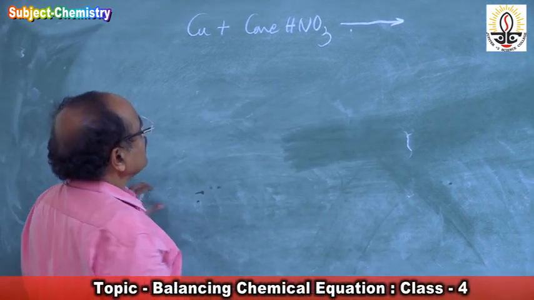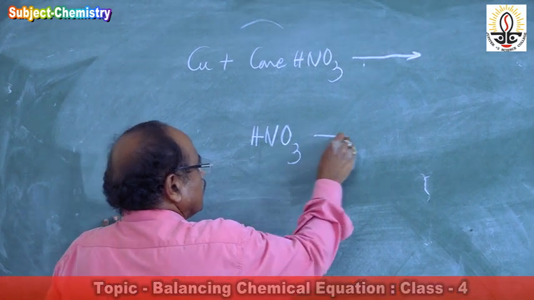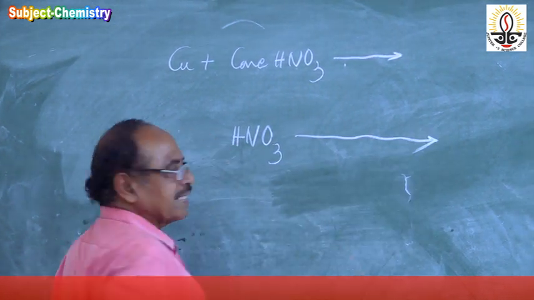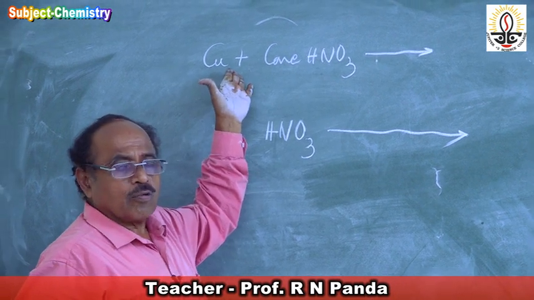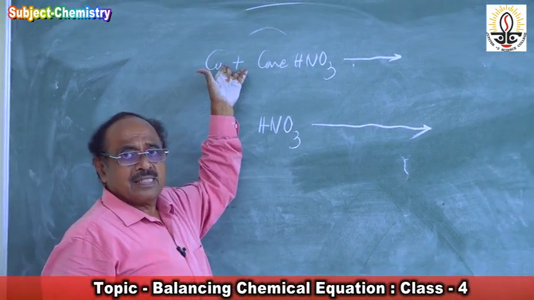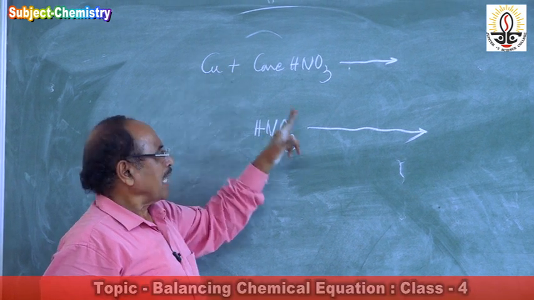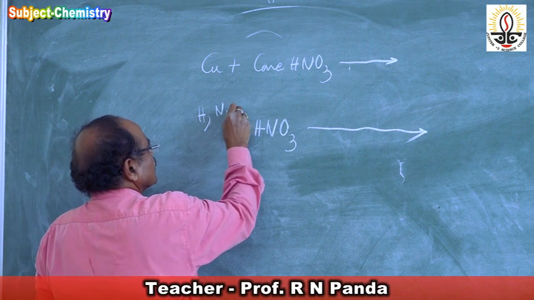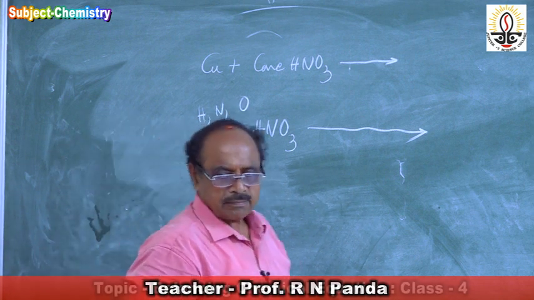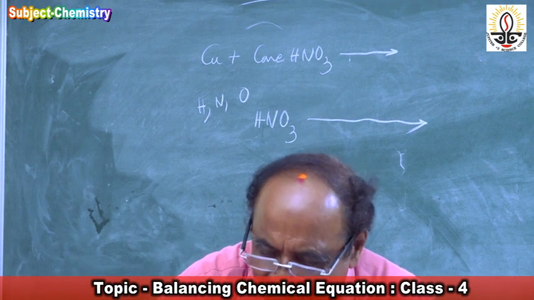What is nitric acid? Nitric acid is reacting with whom? With copper. What is copper? A metal. What are metals? Electropositive elements. So in nitric acid, what are the elements? Hydrogen, nitrogen, oxygen. Nitric acid was sleeping, sitting quietly.